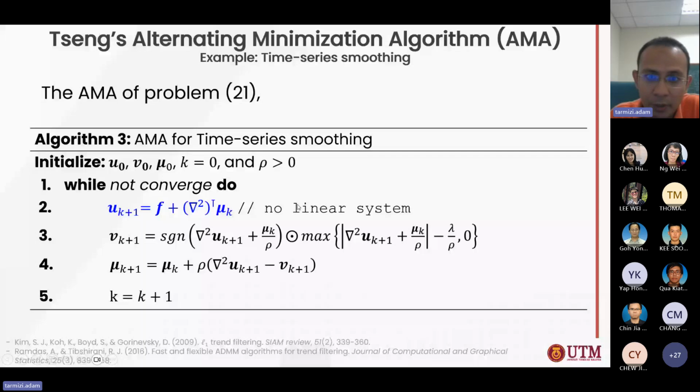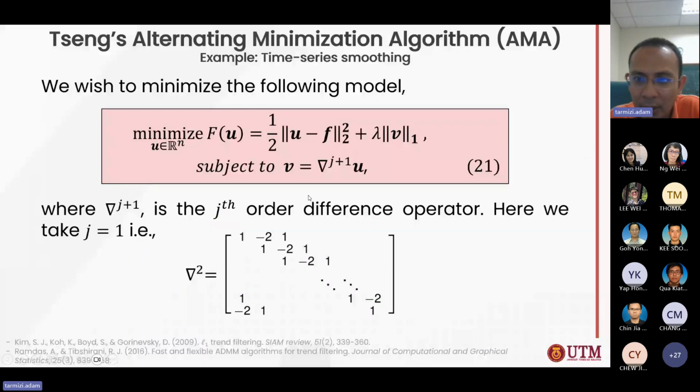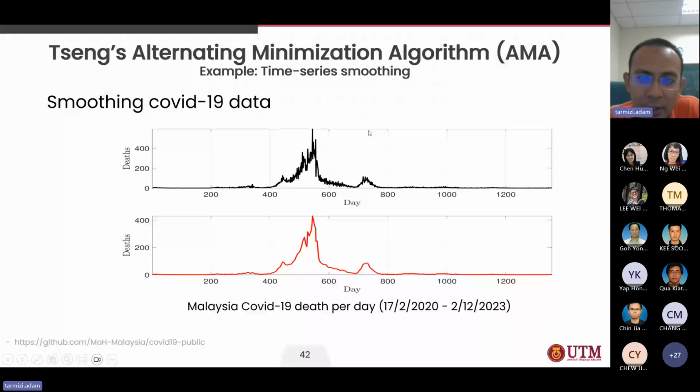The lambda value will give you different smoothing. So this is the original data, and this is some smoothing. I forgot to put the value of lambda over here. What was the value of lambda? But don't worry, I will release the codes.